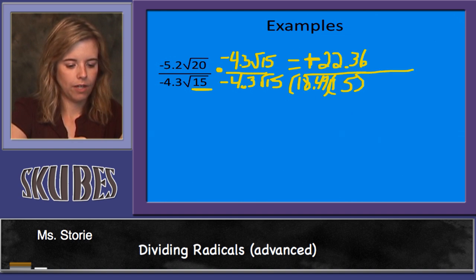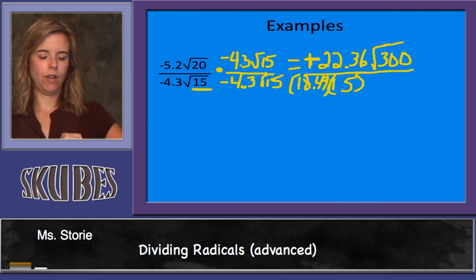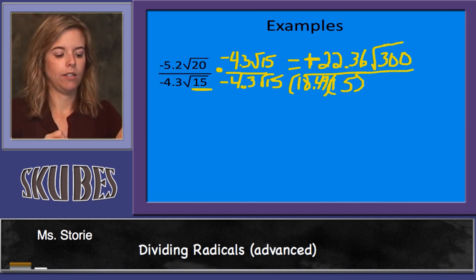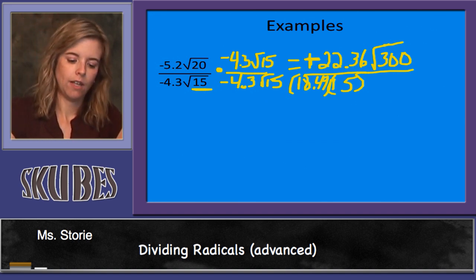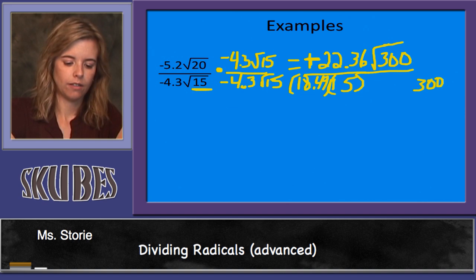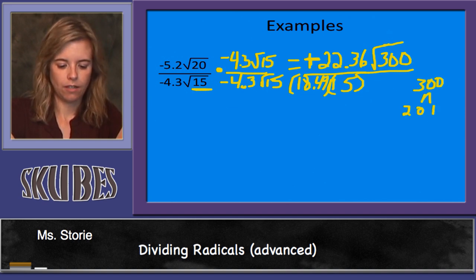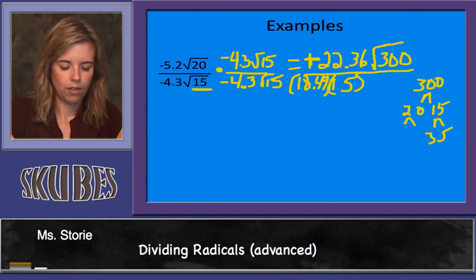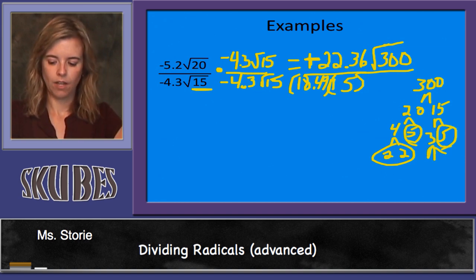22.36, and then you have a radical 300. Obviously 300 can be broken down. It can be broken down into 20 times 15. So if we take 300, 20 times 15, and we break it, 3 and 5, 4 and 5, 2 and 2. Got a pair of 2s and a pair of 5s and a lonely 3 left over.